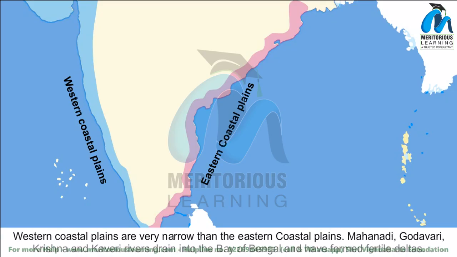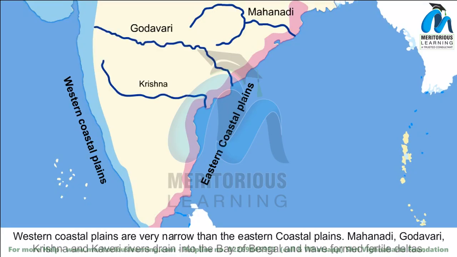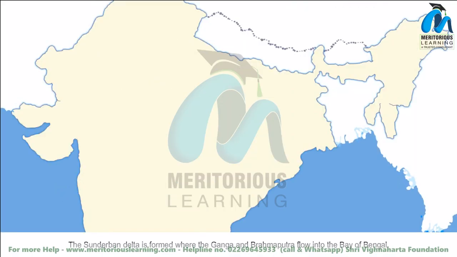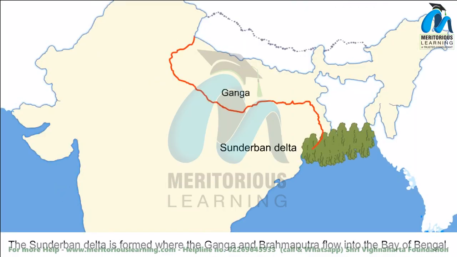Western coastal plains are much narrower than the eastern coastal plains. Mahanadi, Godavari, Krishna and Kaveri rivers drain into the Bay of Bengal and have formed fertile deltas. The Sundarban Delta is formed where the Ganga and Brahmaputra flow into the Bay of Bengal.